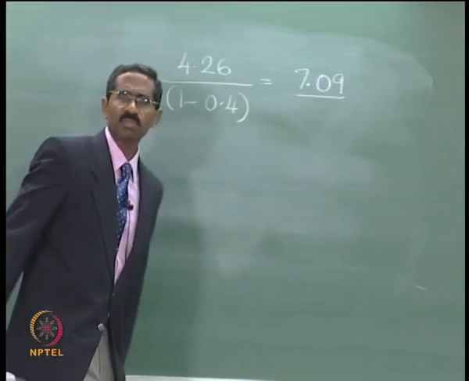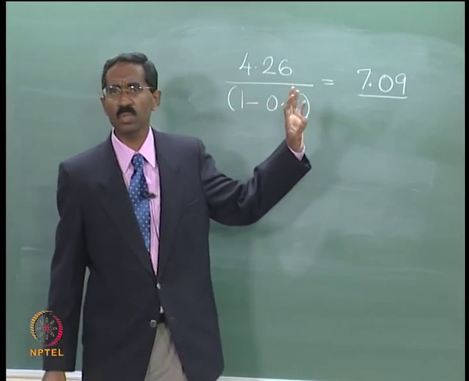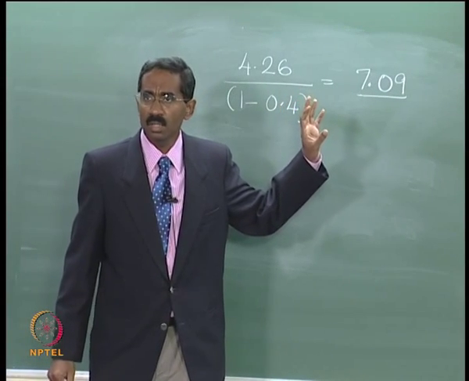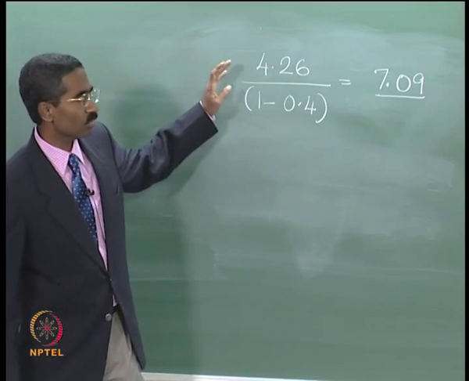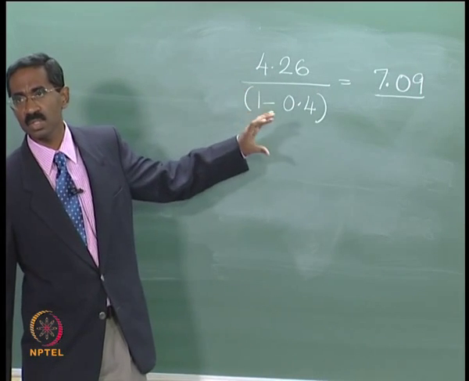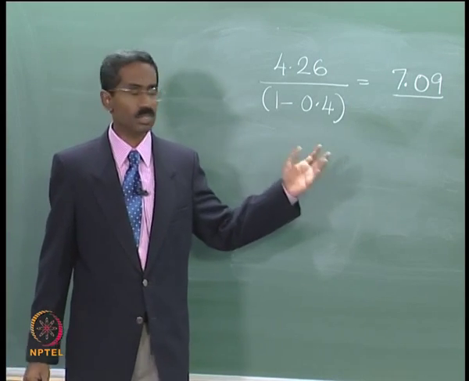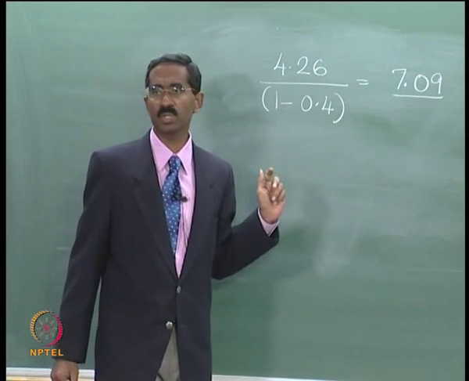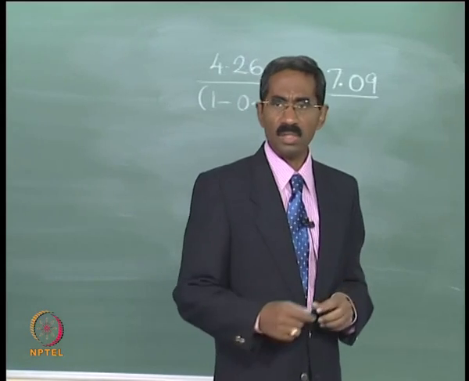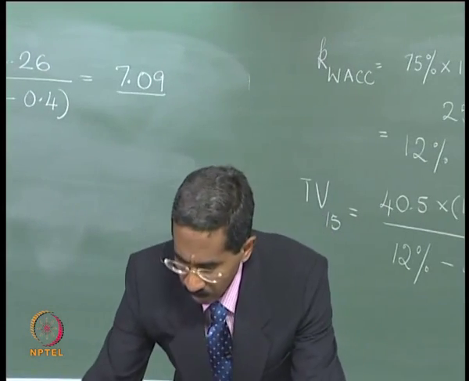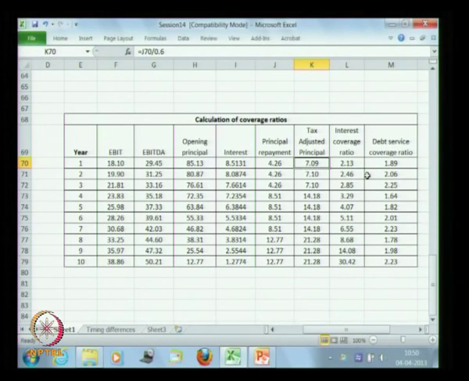So only if the firm is able to generate cash flows of 7.09, it would be able to repay a principal of 4.26, because it has to pay 40% tax on the profits that it generates so that it is able to repay the principal back. So this is a tax adjusted principal, 7.09, and then we have the coverage ratios.